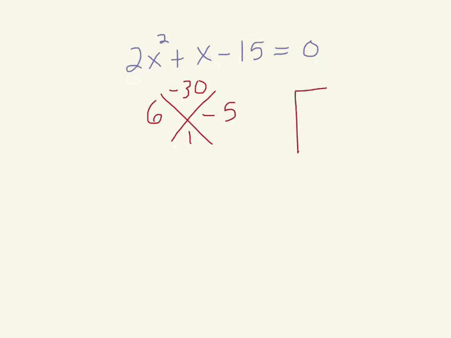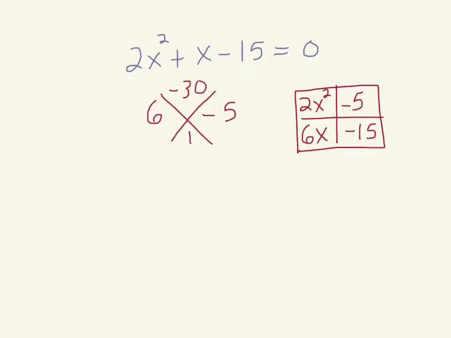Okay, so we fill in our box. We've got 2x squared in this window, negative 15 down here, and then we put in our 6x and our negative 5x. So as we find those GCFs, we fill out the outside. The greatest common factor of 2x squared and 6x is 2x.